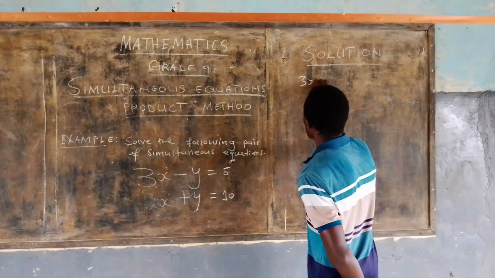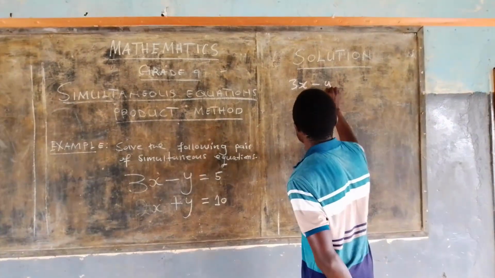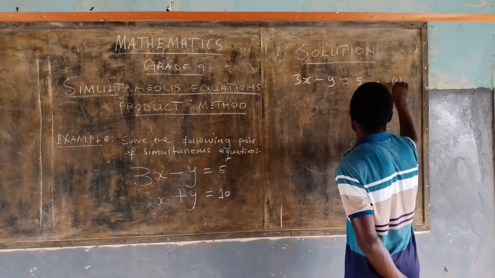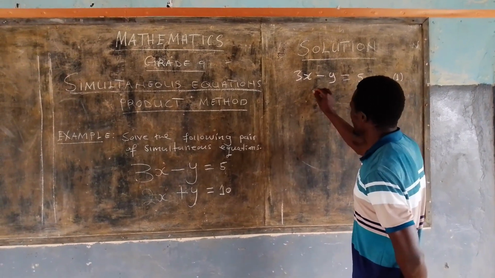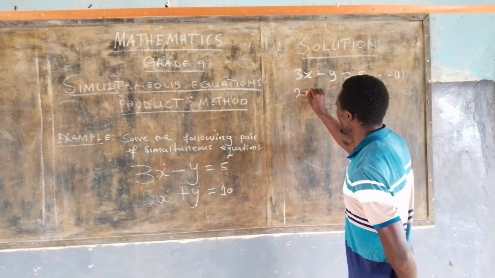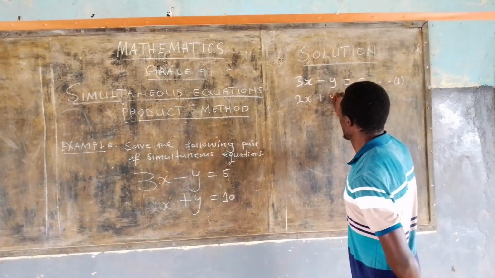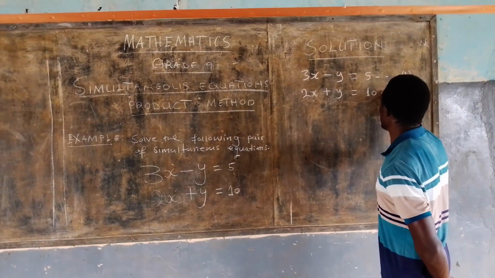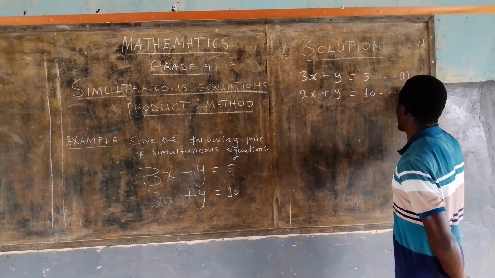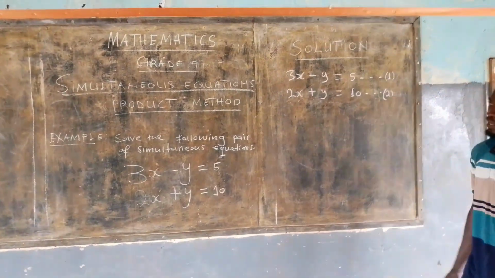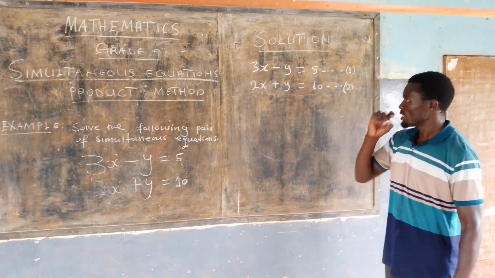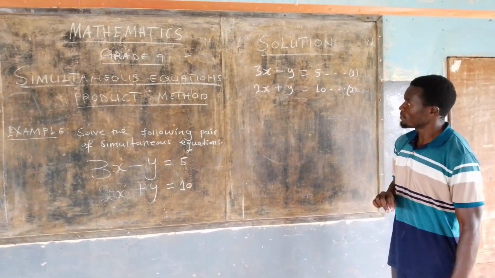So we have 3x minus y is equal to 5 as our equation 1, and 2x plus y is equal to 10 as our second equation. With the product method, I want you to pay attention so that you master some steps.